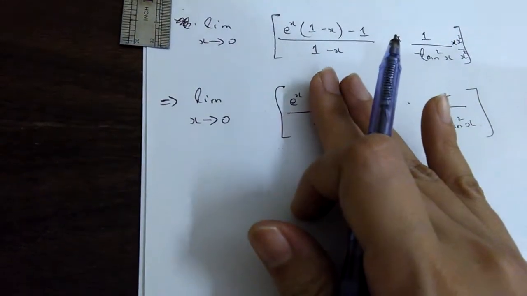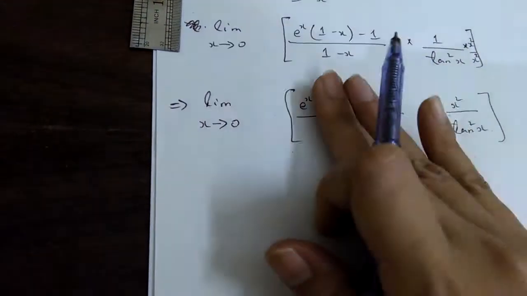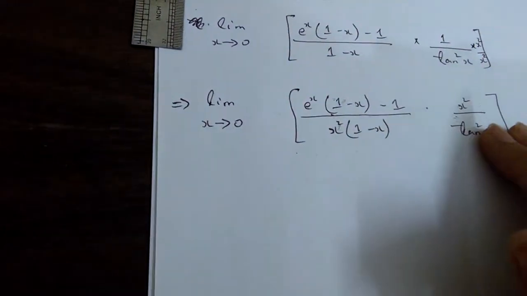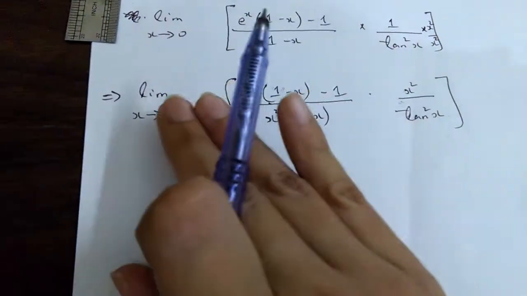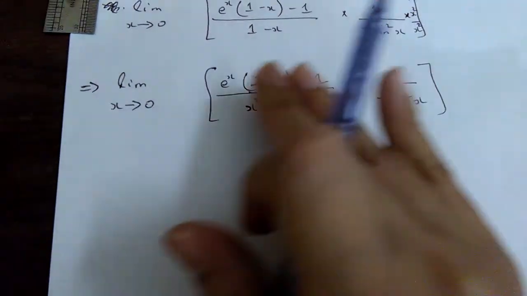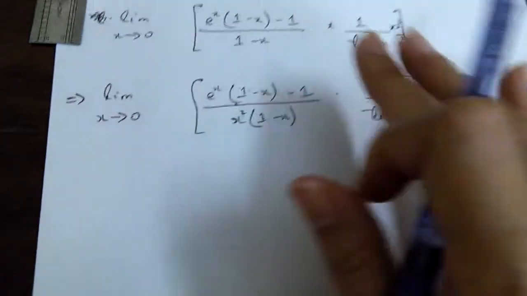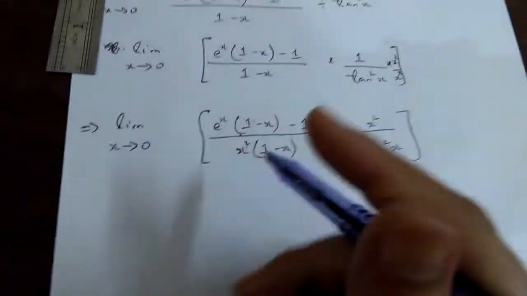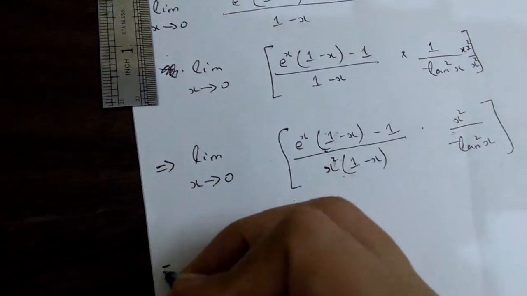Okay, you see this is the product of two functions, and both functions are in quotient form. So whenever you apply the limit on the product of two functions, you apply the limit individually on this function and on this function, right? So that's what we are going to do here.